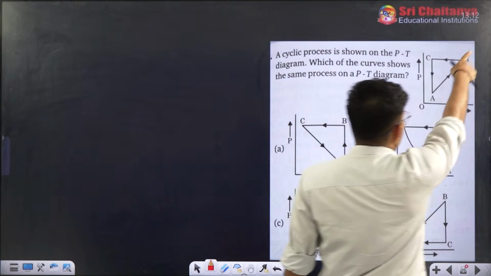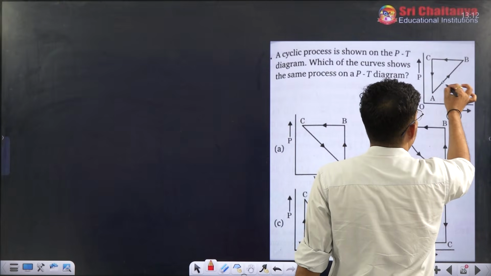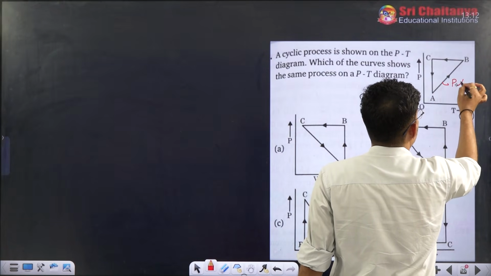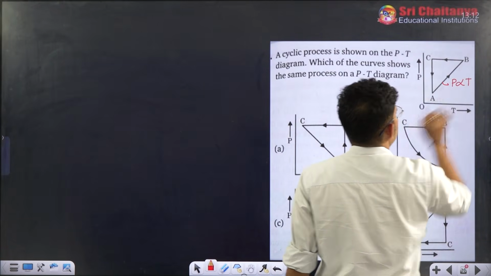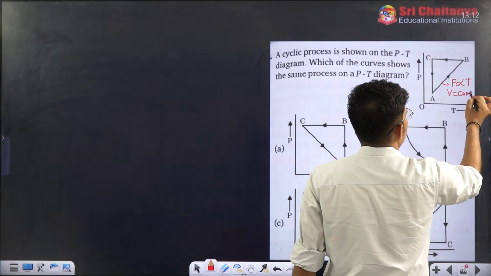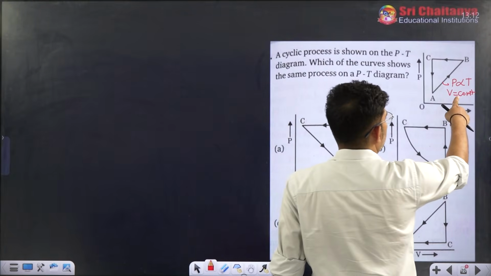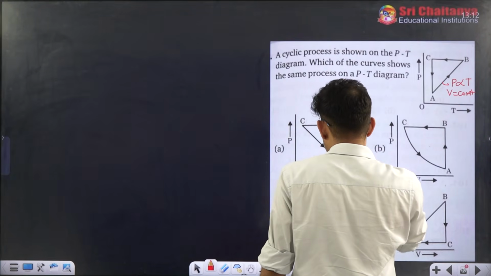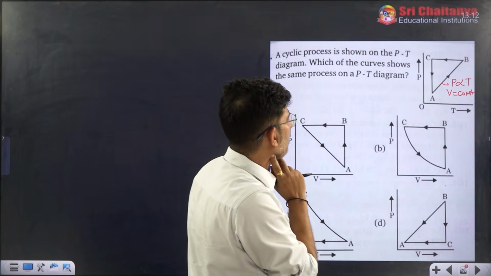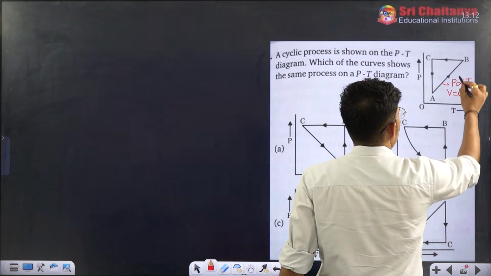In AB, it is a straight line passing through origin. Straight line passing through origin means here pressure is directly proportional to temperature. Pressure directly proportional to temperature, that means volume constant. Volume will be constant, and volume is constant in AB. Which all processes are possible for this? And you can see pressure and temperature both are increasing.